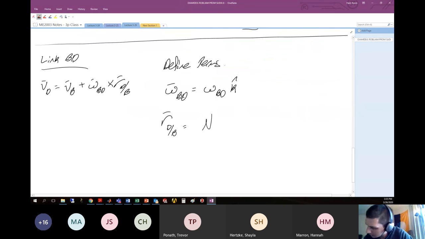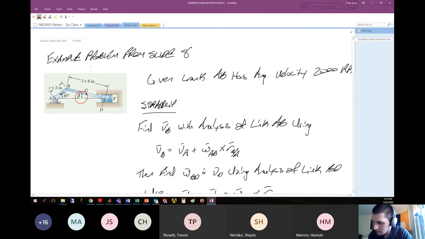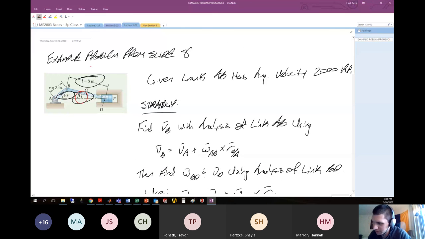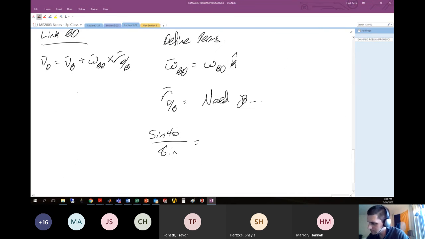So we need beta. We can use the fact that the sine of 40 degrees over the length of the triangle opposite of that, which is 8 inches, is equal to the sine of the angle that we're interested in, which is this angle beta, over the length of the triangle opposite of that, which is 3 inches.